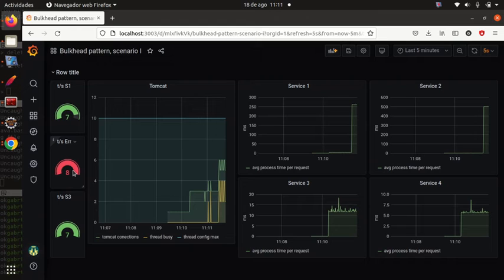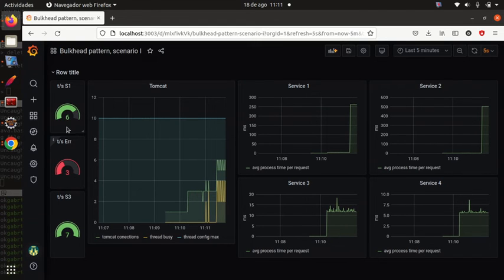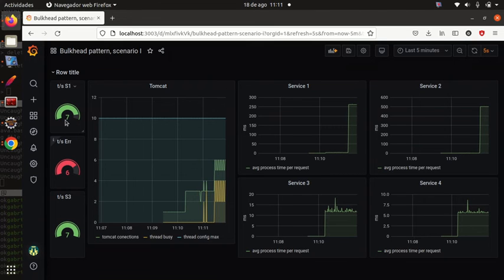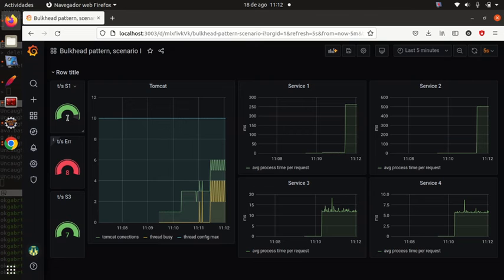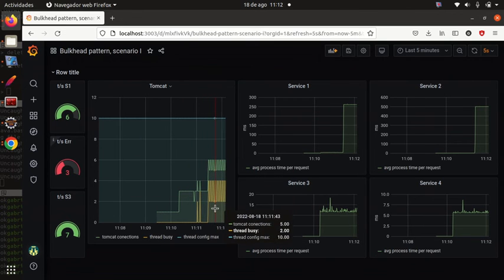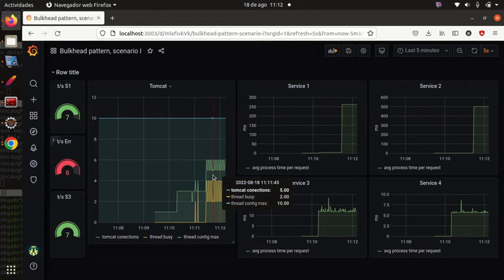I'm not sure why sometimes the number of rejected transactions is greater than the incoming transactions, but remember that the Bulkhead adds a delay in the middle, so maybe that is the reason. So 4 out of 8 transactions were rejected, and so on. At this point the server is a little bit more busy, but it's a very healthy server, I think.